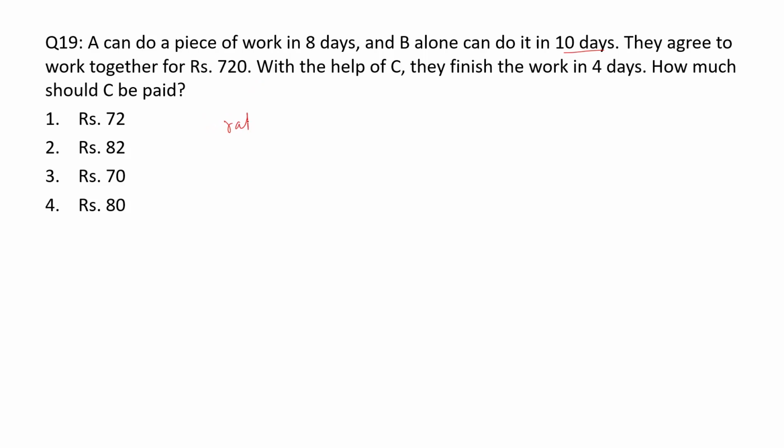Now, the rate of A is 1 upon 8 because A can do the work in 8 days. The rate of B is 1 upon 10 because he can do the work in 10 days. Now, the combined rate of A and B is 1 upon 8 plus 1 upon 10, and that is equal to 9 upon 40.